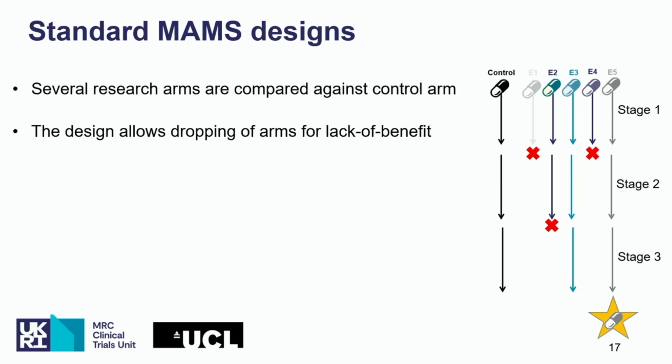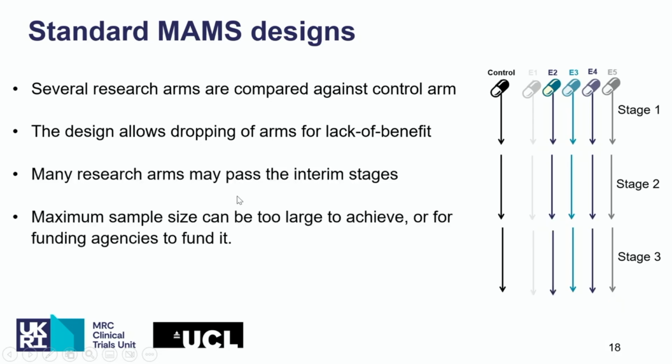In my case, for example, as I assumed at the beginning, I only have 2 arms that reach the final stage, and the rest are dropped at different stages at interim analysis. And if you are in this paradigm, depending on how these interventions are performing, you might end up with a different number of arms ending at the final stage for the primary analysis.